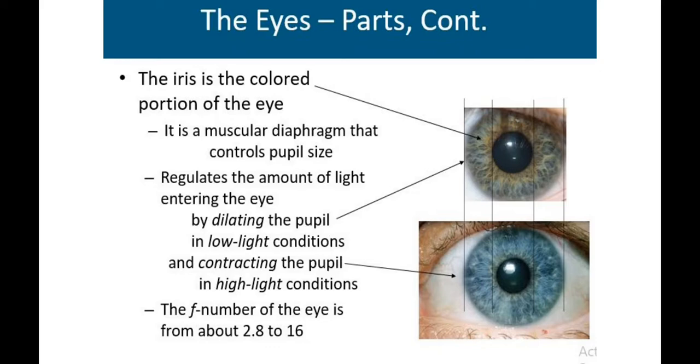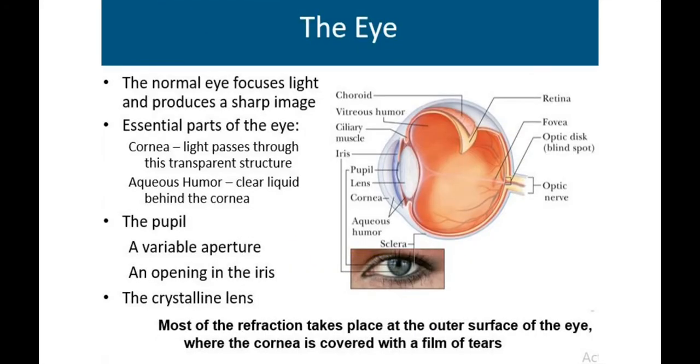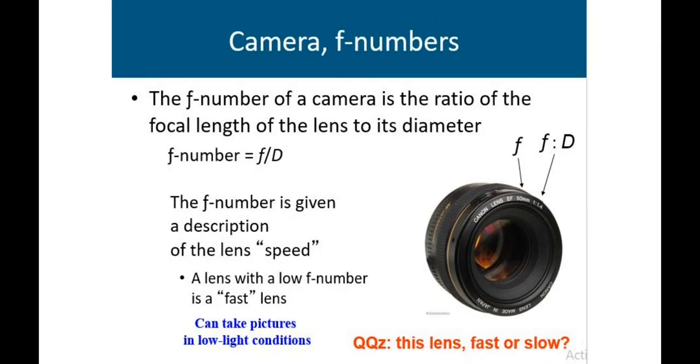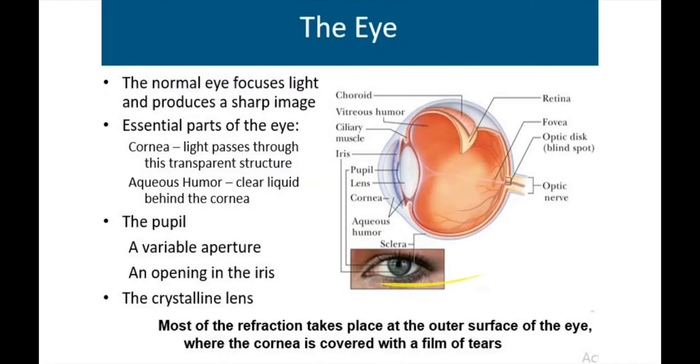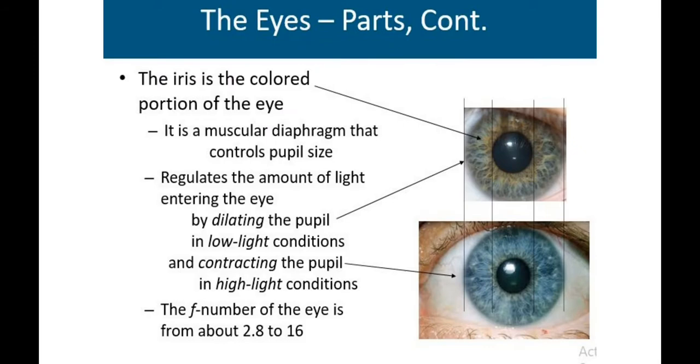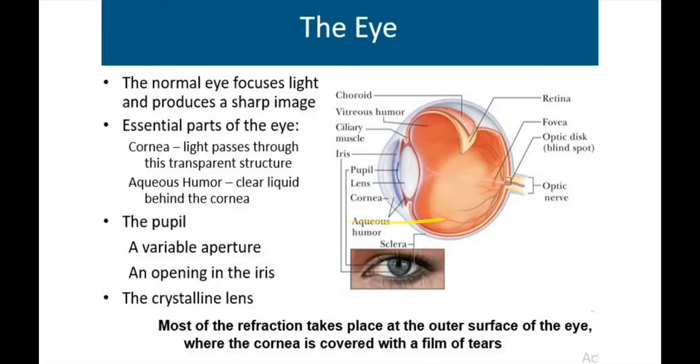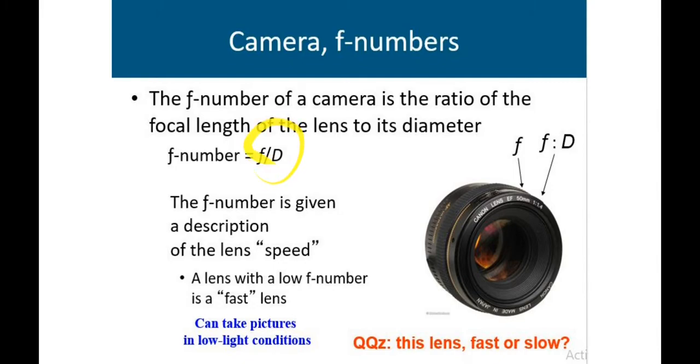And the F number of the eye, which you remember from the camera, is the ratio of focal length to diameter. This ratio, the so-called F number, is about 2.8, and for a very small iris it is 16, maximum 16. So you see again this ratio, focal length divided by the diameter of the aperture or the size of the iris.